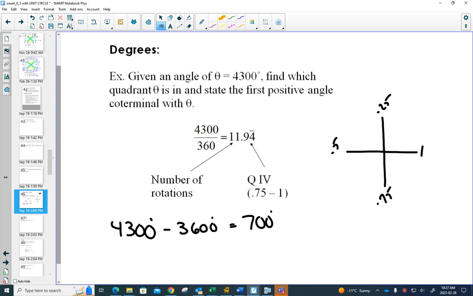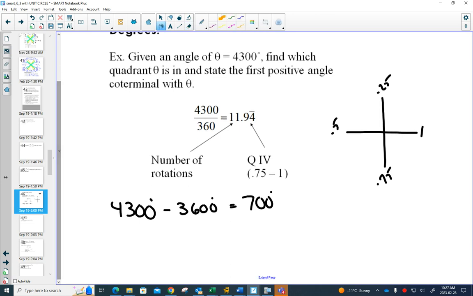And if I get down to 700, it's not hard to subtract 360 degrees again. 700 degrees minus 360 degrees is 340 degrees. So now I can say that 4,300 degrees is coterminal, ends in the same place, as 340 degrees.